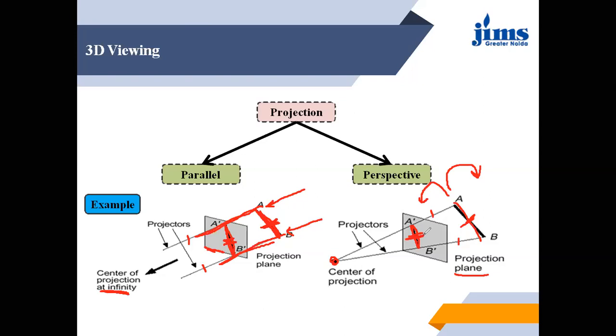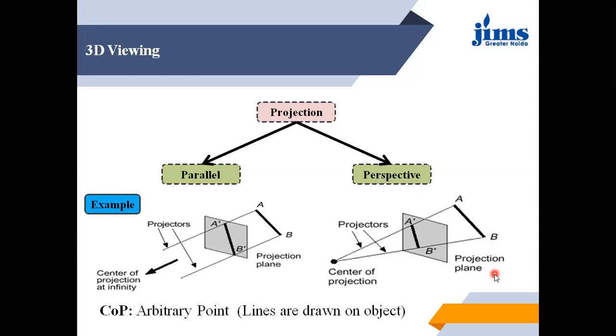Means in perspective projection, the shape of the image is going to change, but it is not the case in parallel projection, as the rays in parallel projection start from infinity, and in this the rays do not start from infinity, but from a definite point.